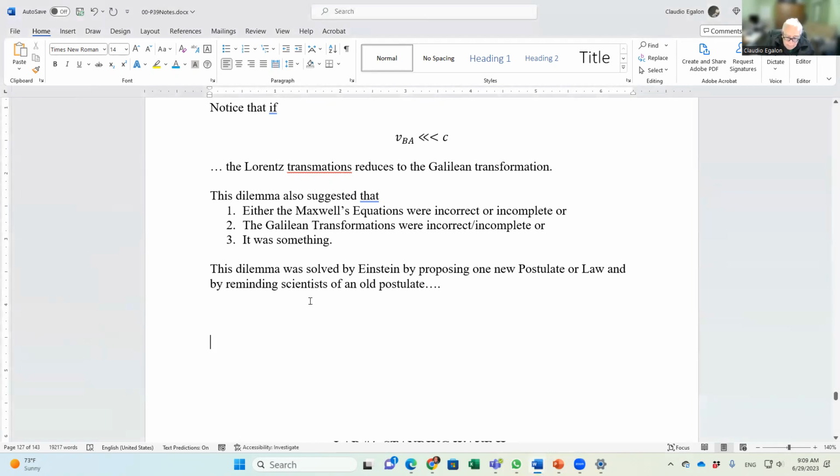The first one, you gotta memorize that. First postulate, first law. It's called the principle of relativity.